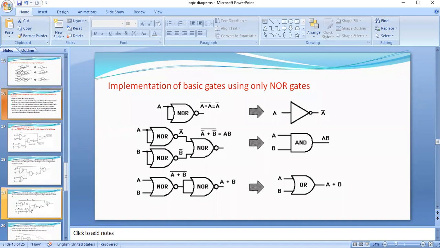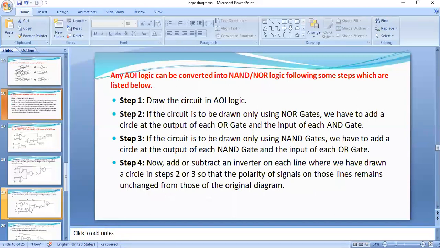But how can you implement the AOI logic? Meaning the given expression may be in sum of products form or product of sums form, so you have to convert it into NAND logic or NOR logic. You should follow these steps to convert AOI logic into NAND logic or NOR logic.